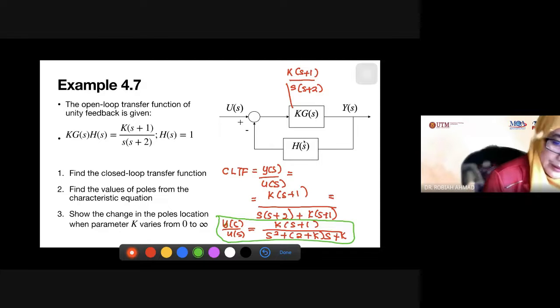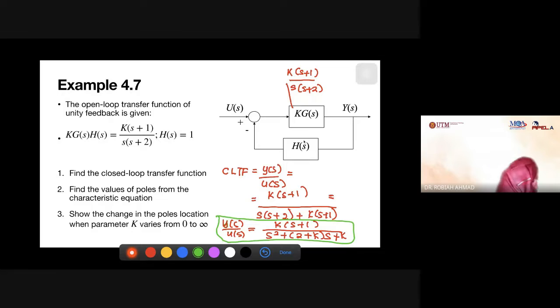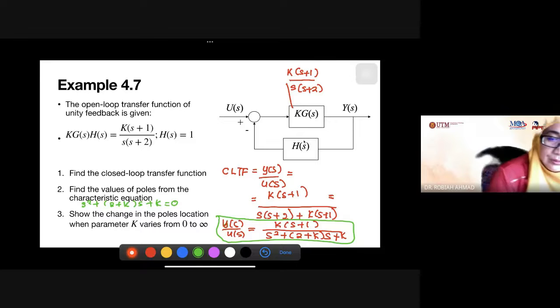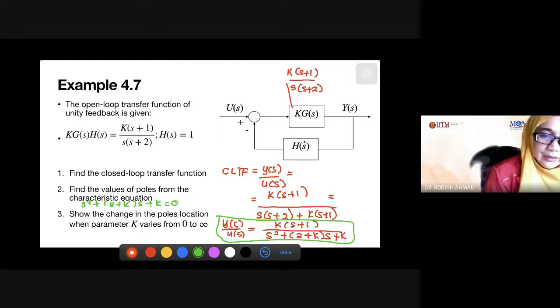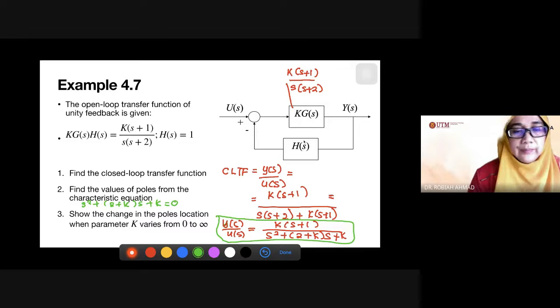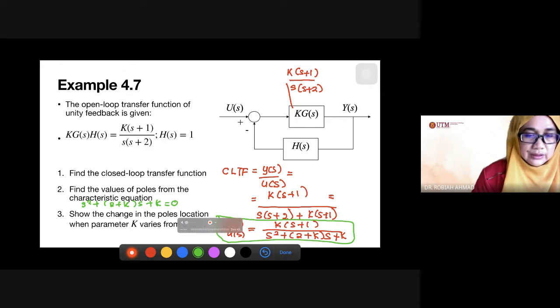So therefore the characteristic equation will be setting the denominator equal to 0. S squared plus 2 plus k s plus k equal to 0. Okay, now the same concept as previously. We want to look how the poles locations varies as k varies.